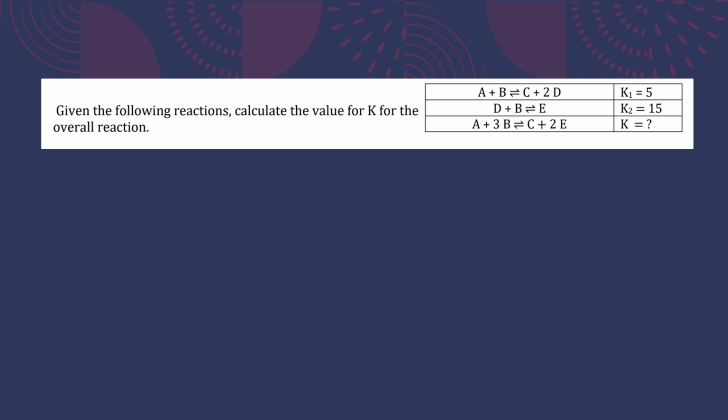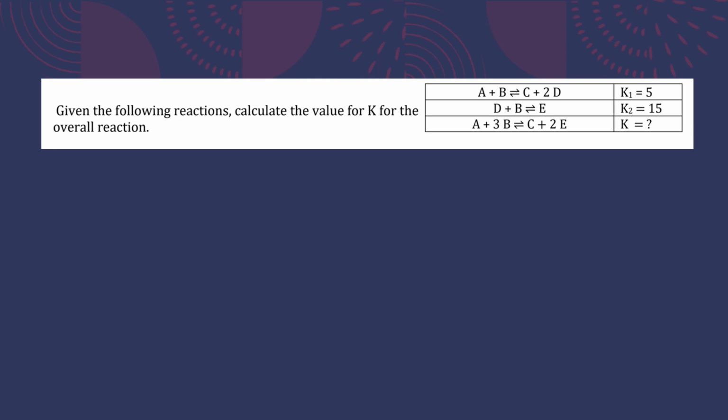Given the following reactions, calculate the value for the K for the overall reaction. So looks like what we got: A plus B produces C plus 2D. The K1 is going to be 5. D plus B produces E with the K2 of 15.